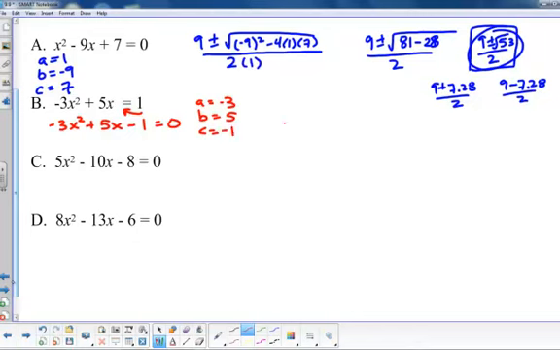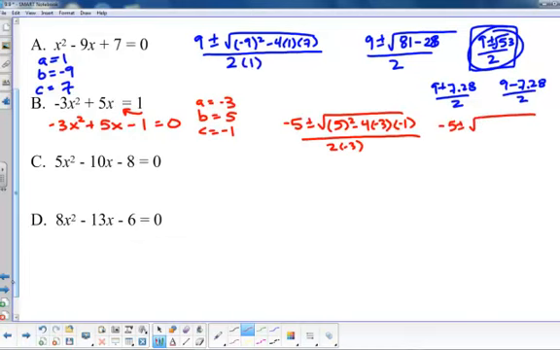So negative b plus or minus square root b squared minus 4ac divided by 2a. So negative 5 plus or minus square root of 25 minus 12 all over negative 6. So that's negative 5 plus or minus square root of 13 all over negative 6.